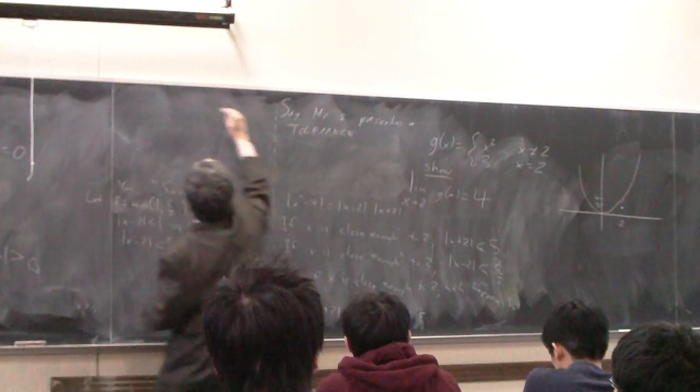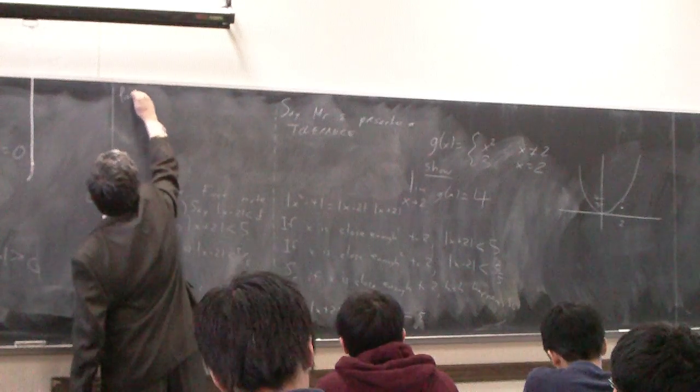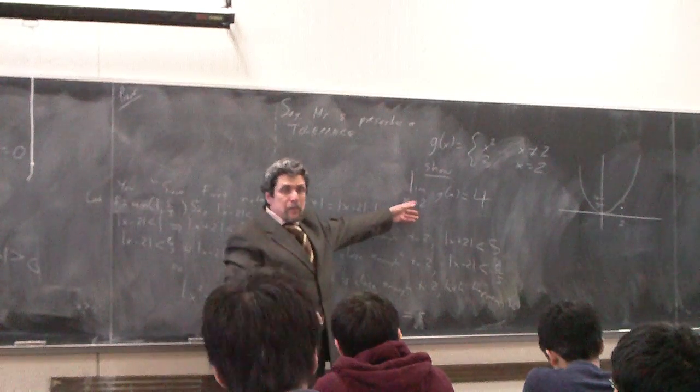So this is going to be like a proof, okay? I'm proving that the limit of g of x is 4.